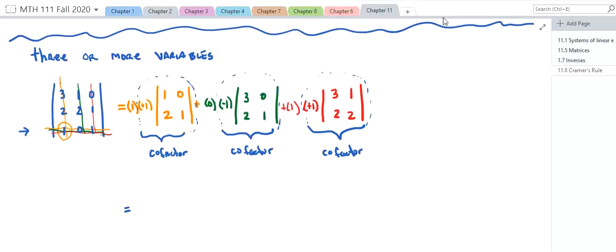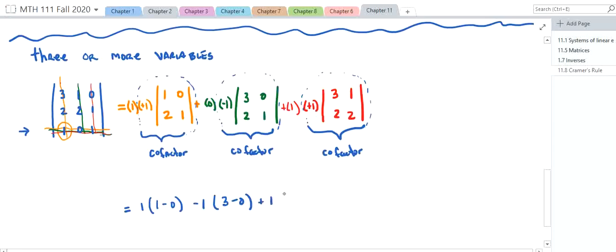So this equals essentially 1 times 1 minus 0. Then we're going to have minus 1 here times 3 minus 0. Then we're going to have plus 1 times 6 minus 2.